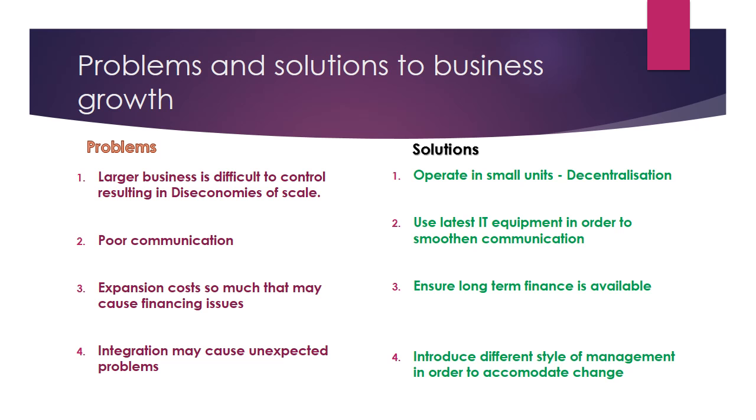So this could give you an example of how problematic communication could be. Thankfully, you could employ the latest IT equipment to help you with your communication. So you could have Skype, you could have more emails, more webcams, or other tools that help communicate.